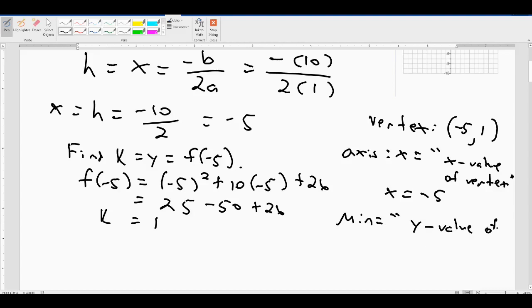It's true for max also. This one just only has a min. So the minimum value is 1, and a lot of times you're asked to write it like this: 1 at x equals negative 5, but it is 1.